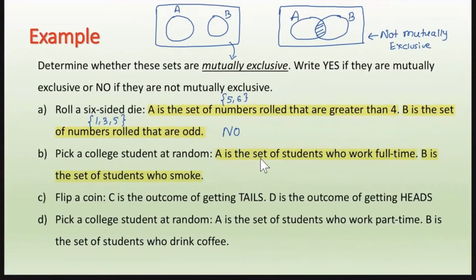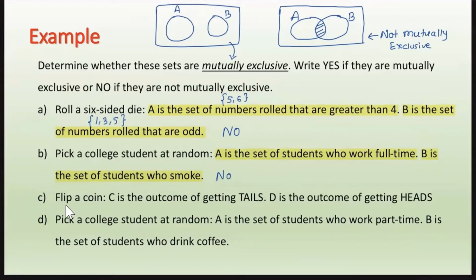The set of students who smoke can also be full-timers, right? Yes. So there is something common between those two. For mutually exclusive, is it yes or no? Do they share something common? Yes, that means they are not mutually exclusive. So the answer for this is no.